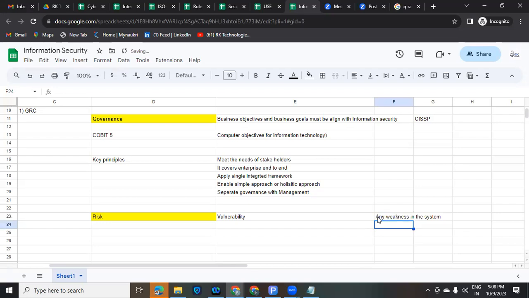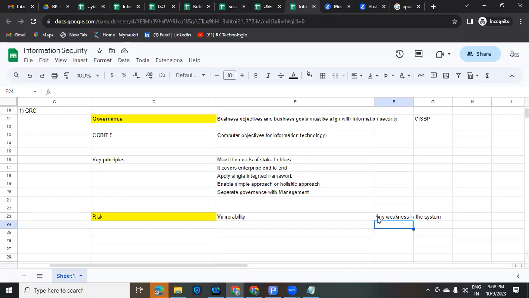For example, on the endpoint security side, an antivirus or EDR agent is not installed, or a DLP agent is not installed, or encryption is not installed, or on Windows machines we are not using strong password policies. All these are weaknesses. On the network side, the trust zone and DMZ are not defined properly, and LAN segmentation was not done properly. All these are vulnerabilities or weaknesses.